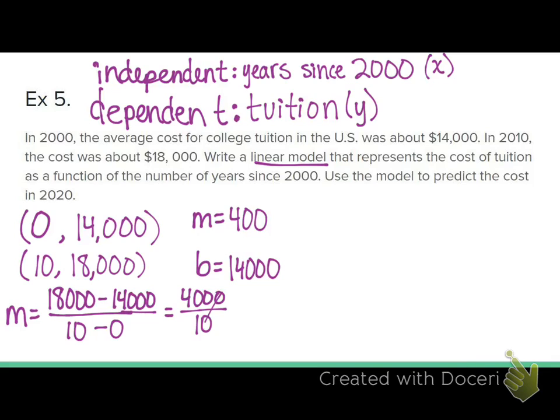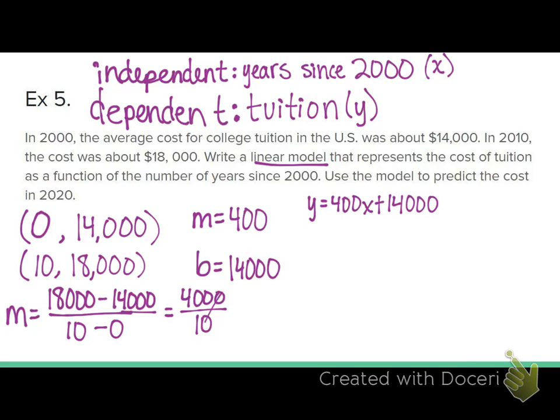Okay, so our linear model is going to be what? We can use a Y. It's okay to use a Y here. Y equals 400x plus 14,000. Okay, so that is our linear model.